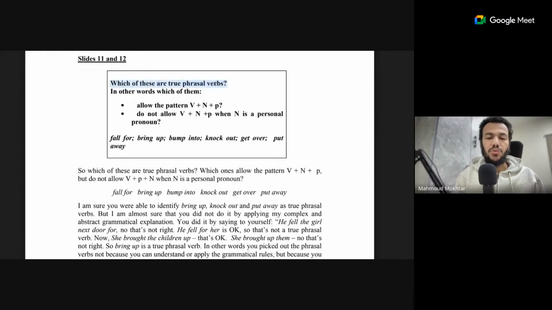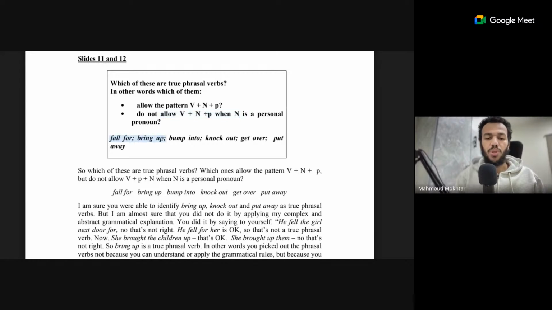Which of these are true phrasal verbs? In other words, which of them allow the pattern verb, noun, particle, and don't allow verb, particle, noun when the noun is a personal pronoun?